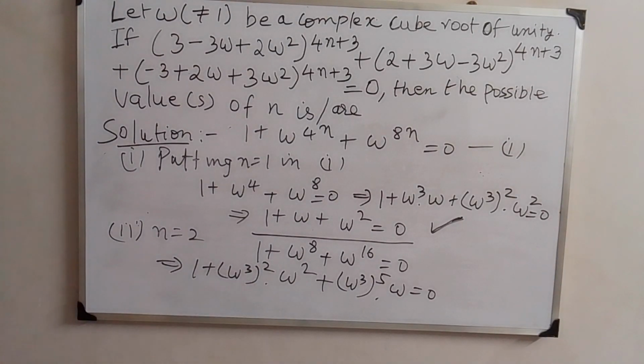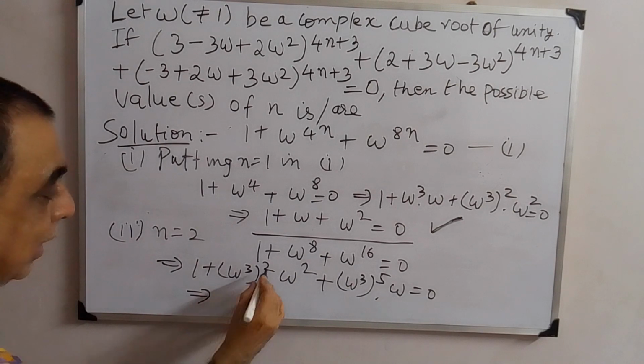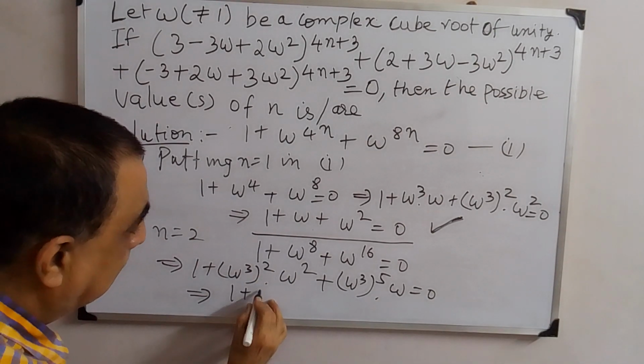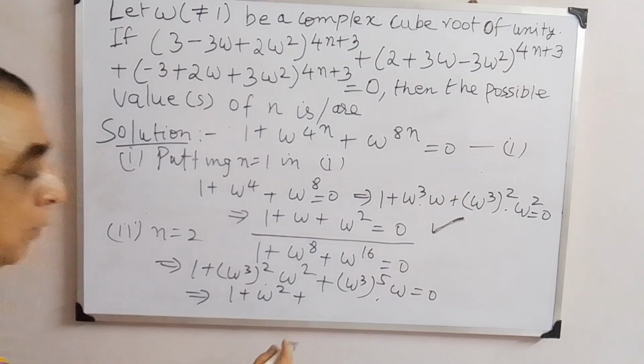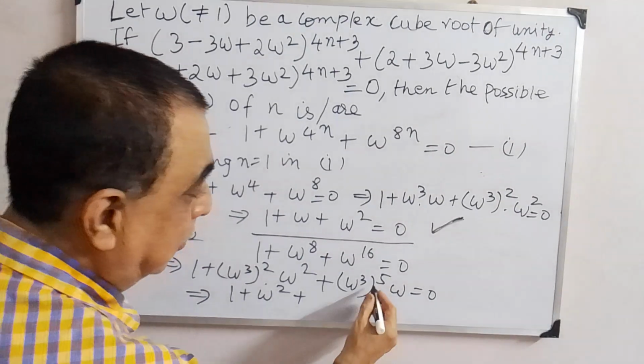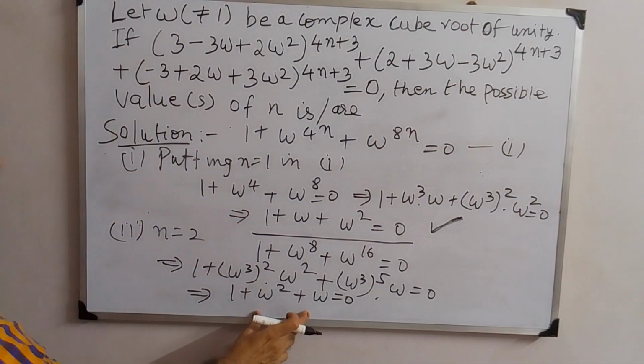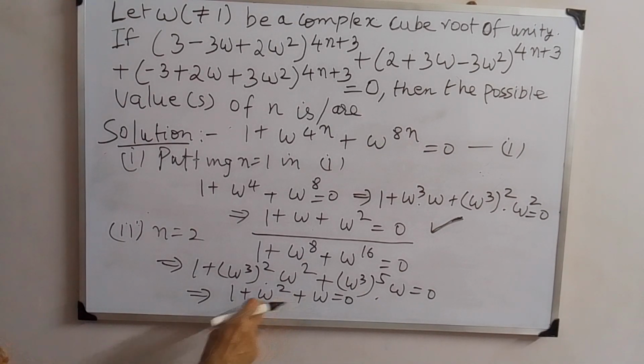Omega to the power 3 value is 1, so 1 squared will be 1, and 1 into omega squared gives omega squared. Similarly, omega cube is 1, so 1 to the power 5 will be 1, and 1 into omega is omega. So here also we arrive at 1 plus omega squared is equal to 0, and we know that this value is 0.